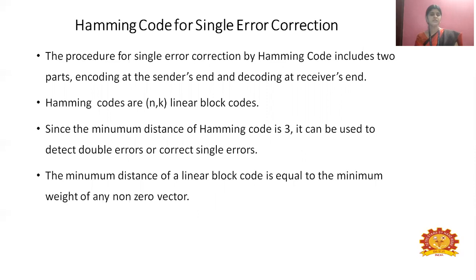For example, after obtaining the code words of the linear block code, the number of non-zero elements, that is the number of ones present in the code word, gives the weight of the code vector. So we compare all the code words and calculate the minimum weight of the non-zero vectors. That is called the minimum distance. The minimum distance of Hamming code will always be equal to 3.